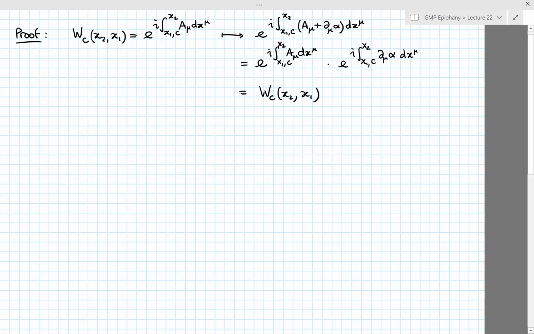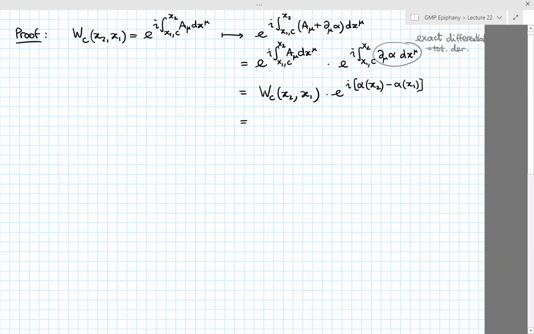And for the second factor, we note that this is really a total derivative or an exact differential. And so we simply get contributions from the endpoints. So we get e^(i(alpha(x2) - alpha(x1))).